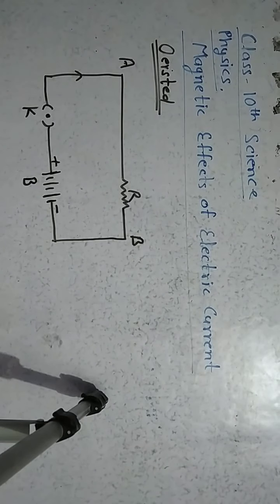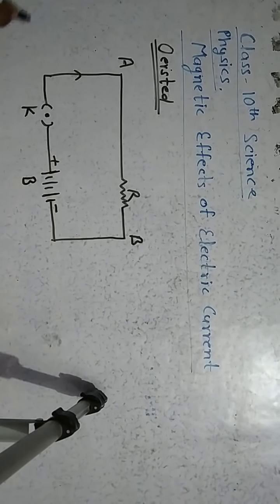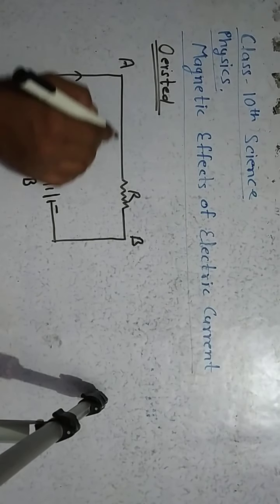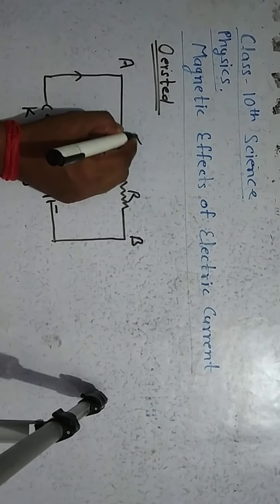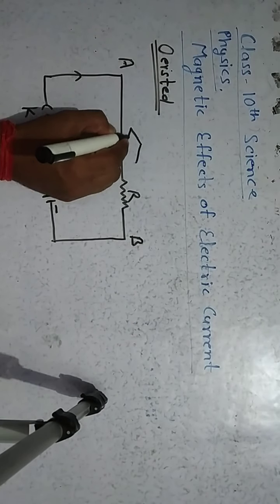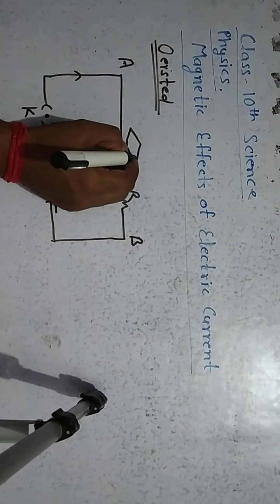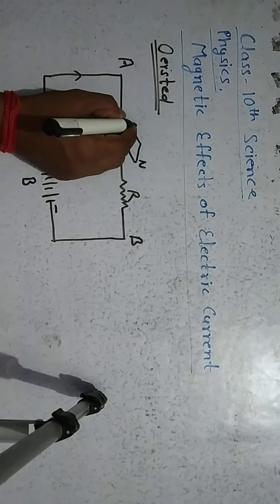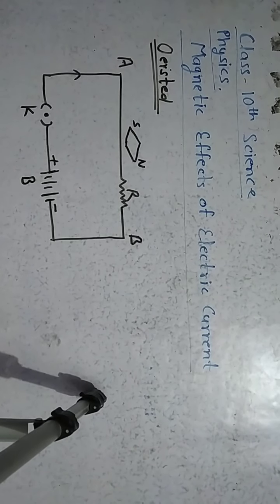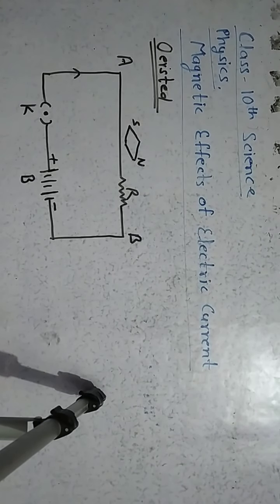and we put a magnetic needle near the copper wire. There is a needle. Let us suppose that this is north pole of the needle, and that is south pole of the needle.